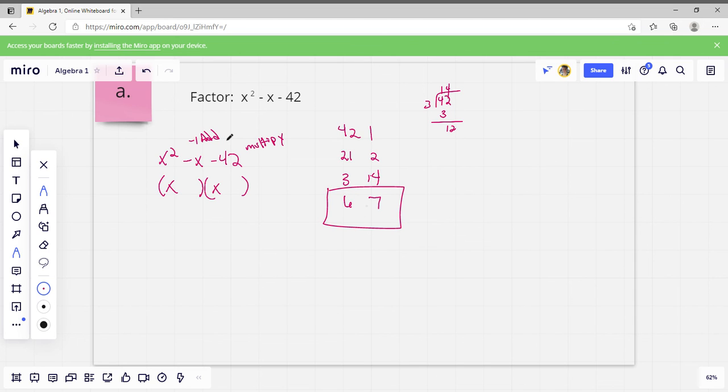And for it to be negative 1, we need a negative 7. So 6 minus 7 equals negative 1. All right, so it'll be plus 6 minus 7. x plus 6 times x minus 7. Or the other way around, you could say x minus 7 times x plus 6. As long as your negative's on your 7 and your positive's on your 6, then it's right.